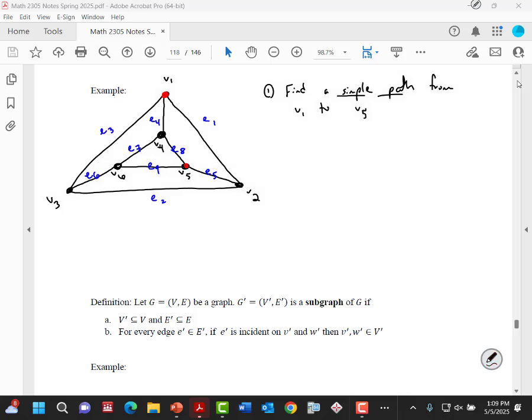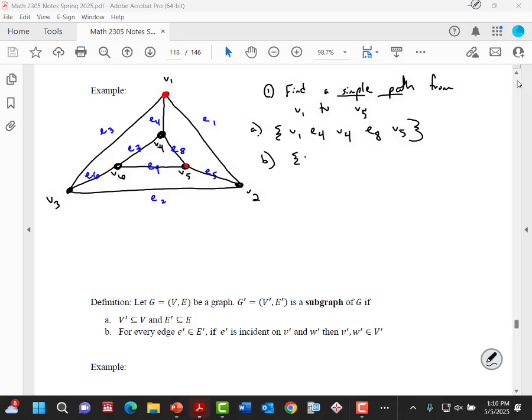So let's see here. I could go V1, E4 to V4, take E8 to V5. And so that is one path. But the astute student can see that there are multiple paths.